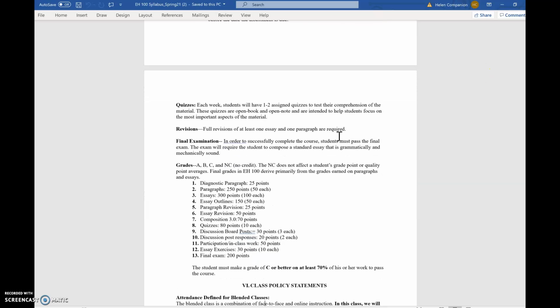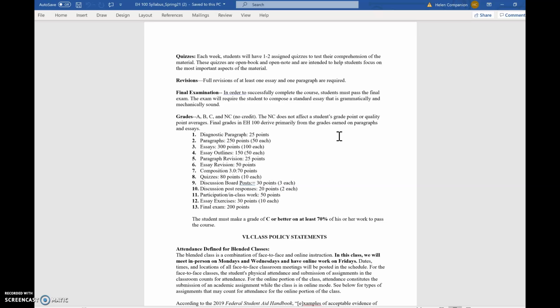Each week, you will have 1 to 2 assigned quizzes to test your comprehension of the material. The quizzes are open book and open note, and they are intended to help you focus on the most important aspects of the material being taught. So basically the things that I want you to retain the most. They are generally on the PowerPoint.